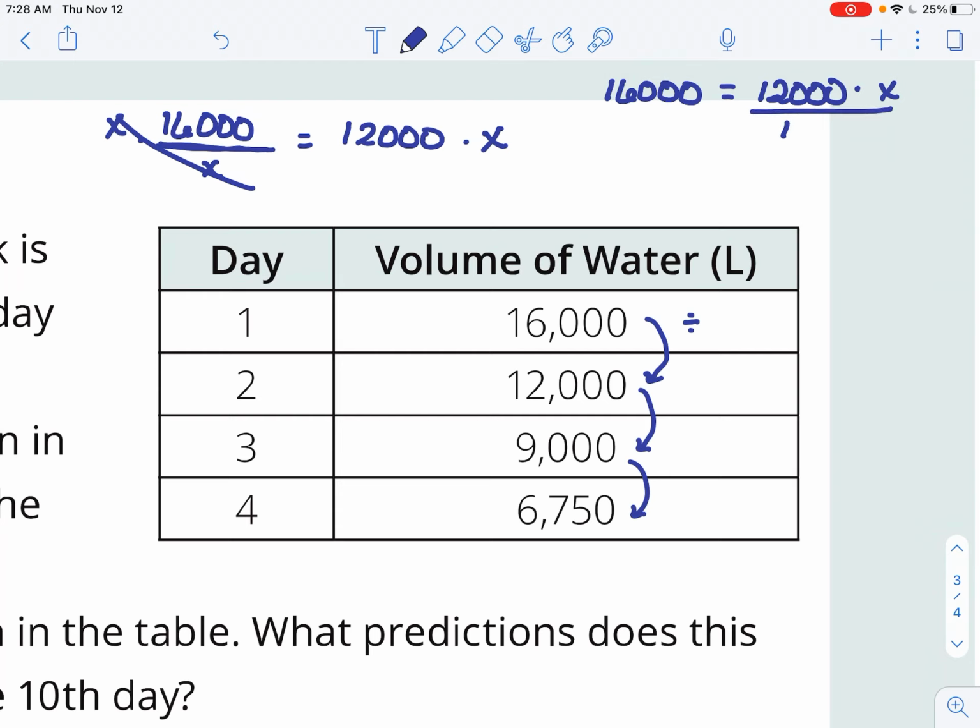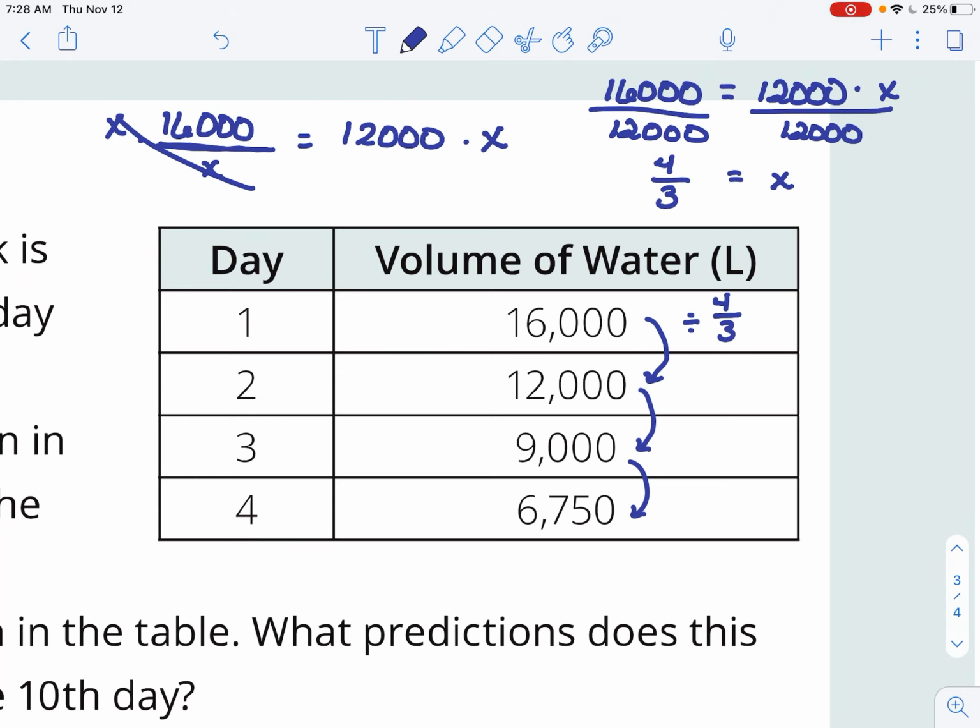If I want to know what that number is, I can undo multiplication again, but divide by a different term this time. So if I take 16,000 divided by 12,000, it gives me either a horrible decimal in my calculator, or, because I know how to change it back to a fraction, 4/3, which is weird.